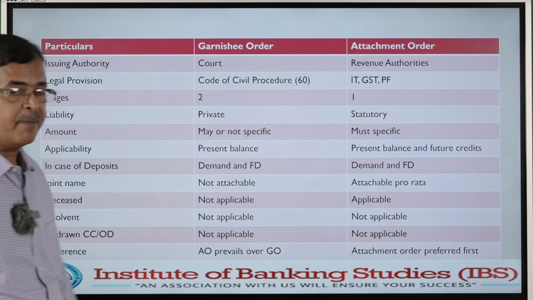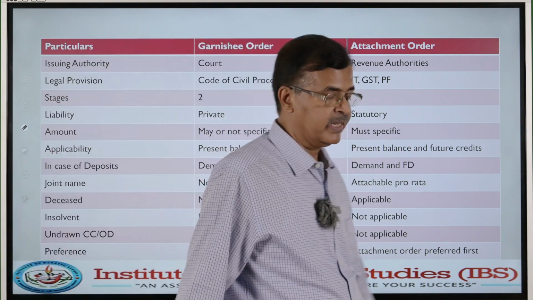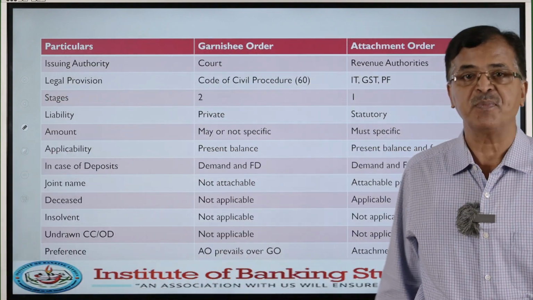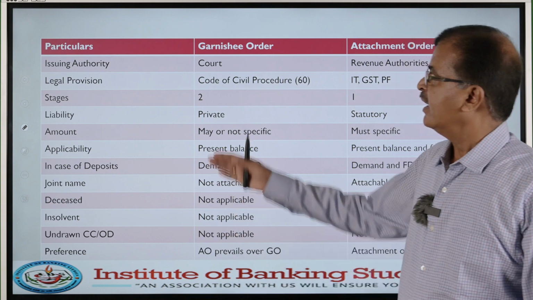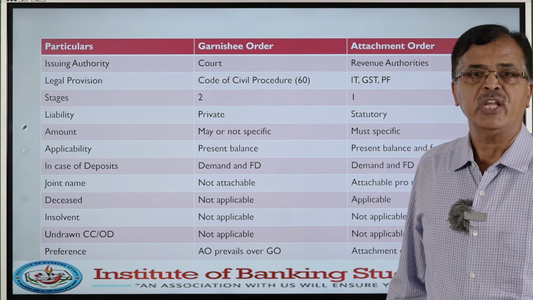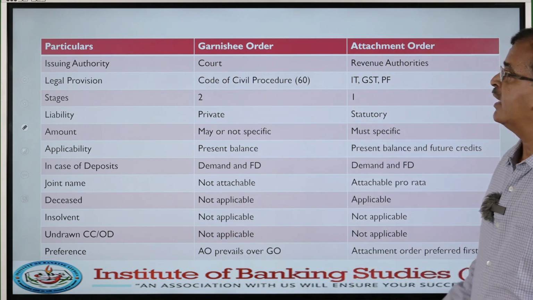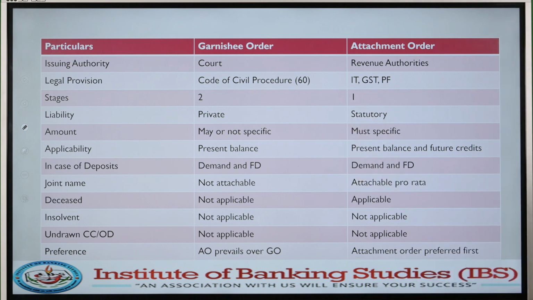Now I have given a comparative statement regarding garnishee order and attachment order. Issuing authority: in the case of a garnishee order, it is issued by the court. In the case of an attachment order, it is issued by revenue authorities.